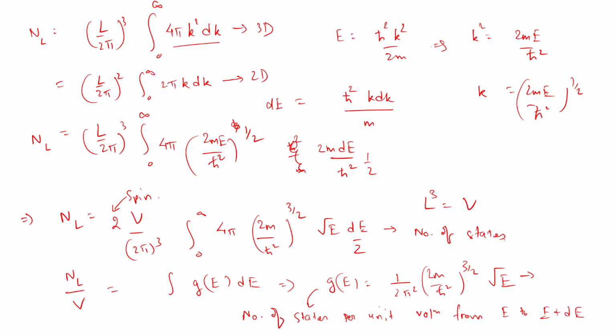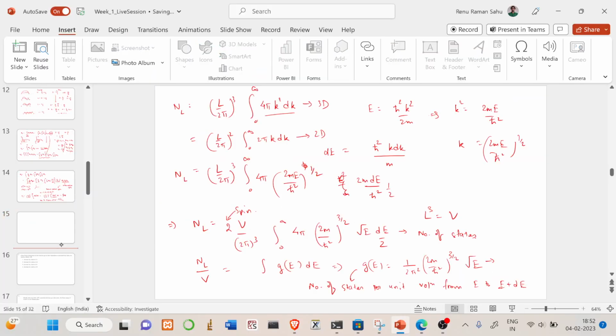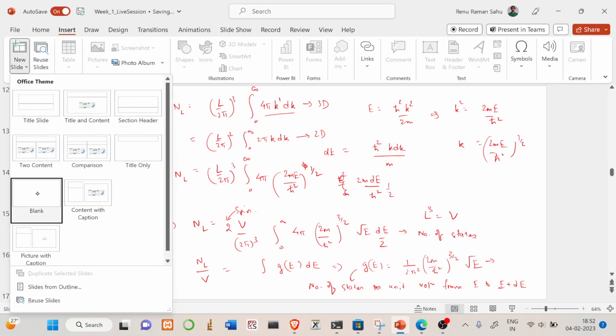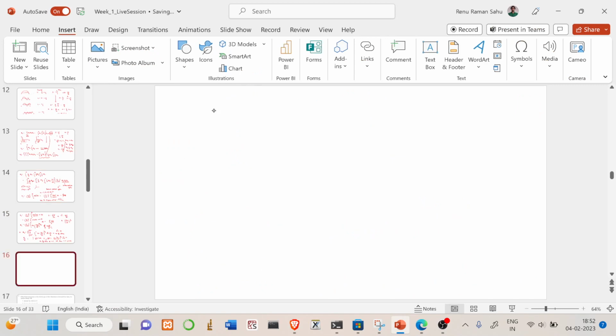So the number of states per unit volume from E to E plus dE we have calculated. Now we can find the number of electrons. The way we have to find it is to use something called the occupation function. So we have the density of states G of E, 1 over 2 pi square, 2m over h bar square to the power 3/2, square root of E. This is the density of states.